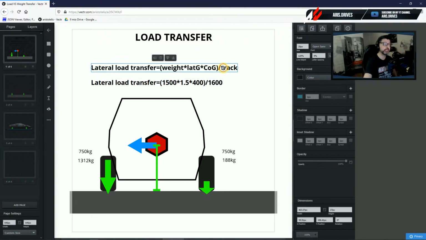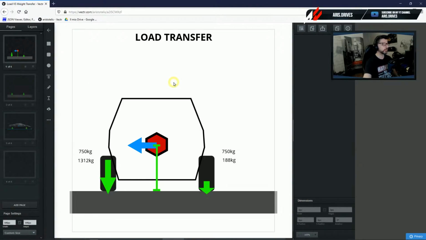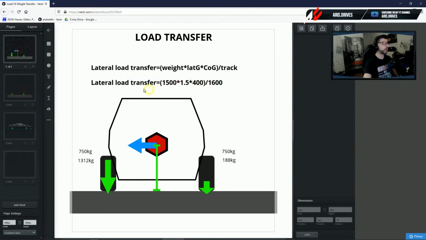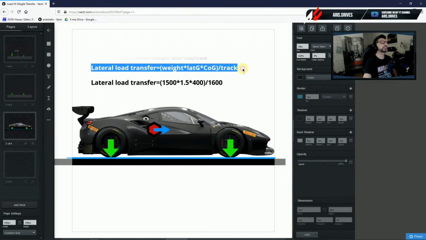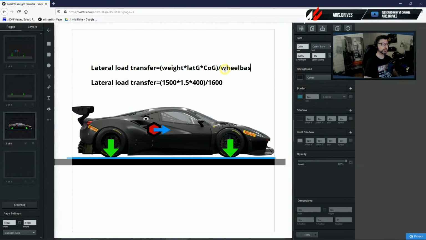So let's copy and paste those things here, and this becomes wheelbase. For the Porsche, I don't remember exactly, it's something like 2,450 millimeters.